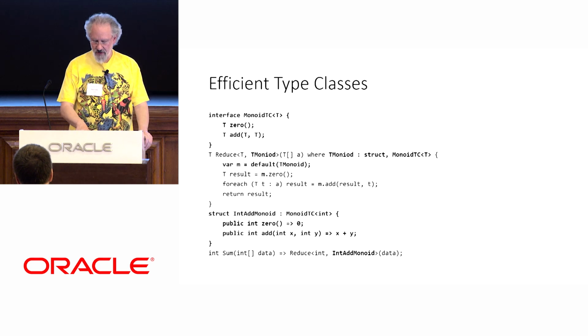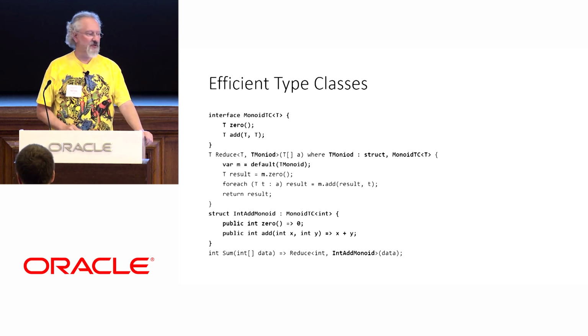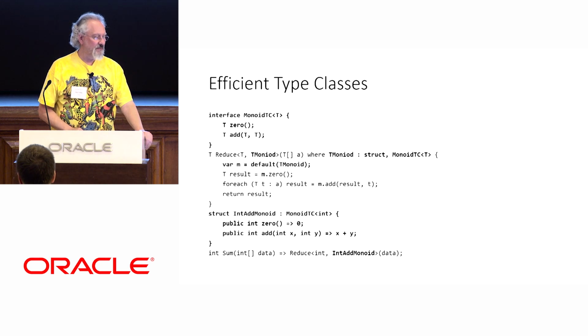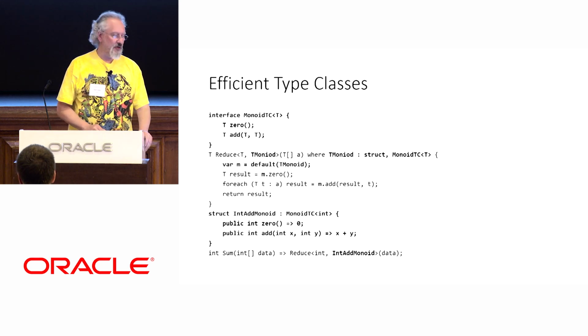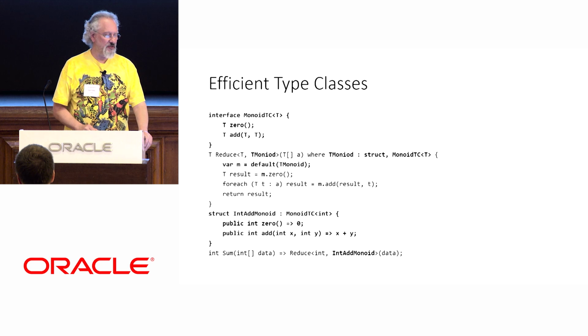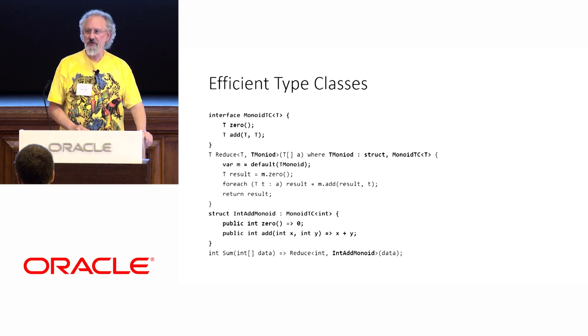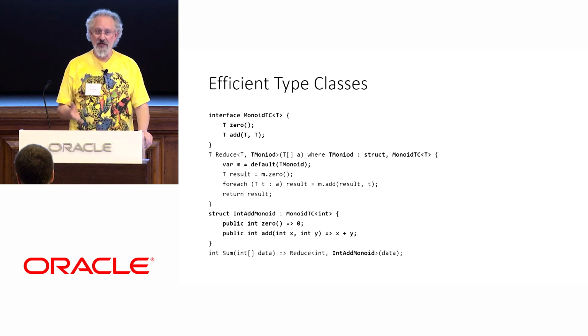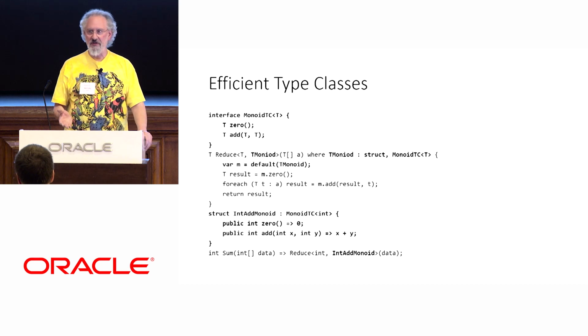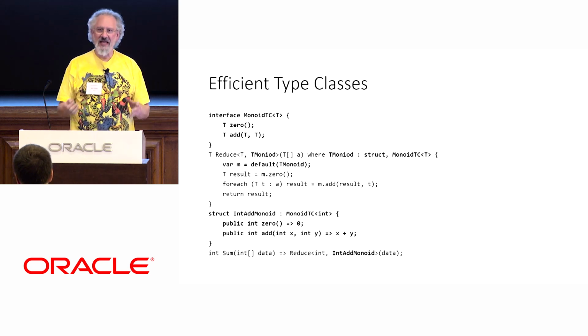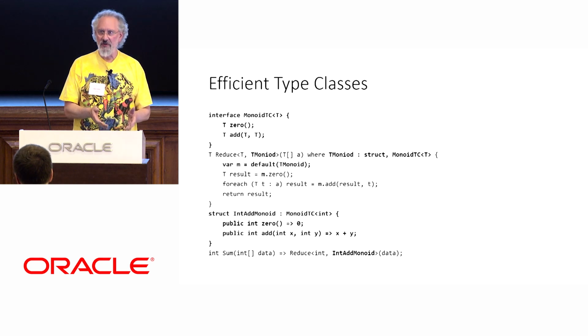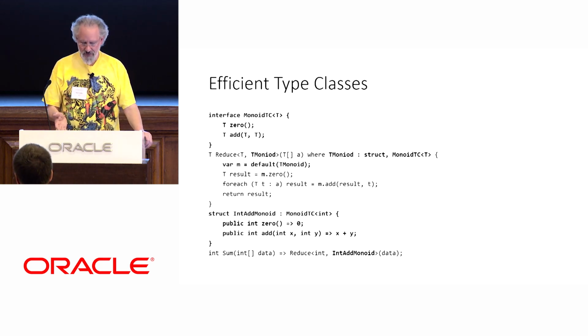You can see this reduce method takes two type parameters, one T and one T monoid. But we restrict T monoid so that it has to implement the monoid TC interface. And we also say that it has to be a struct type, so it has to be a value type. So it will be specialized. Now, of course, it would be specialized even without that constraint if it's actually instantiated with a value type. I just put this here for clarity.